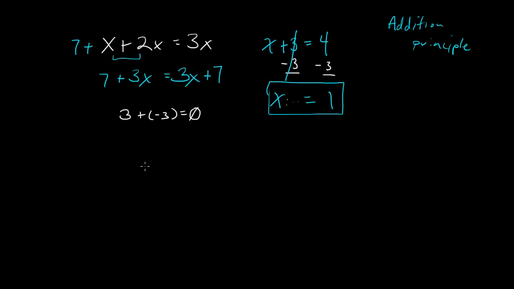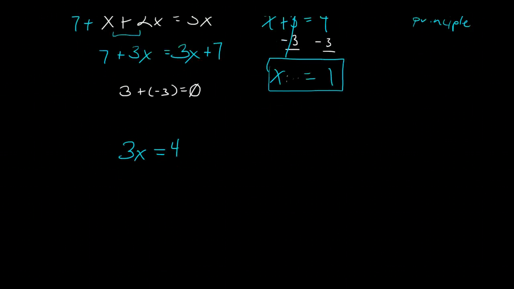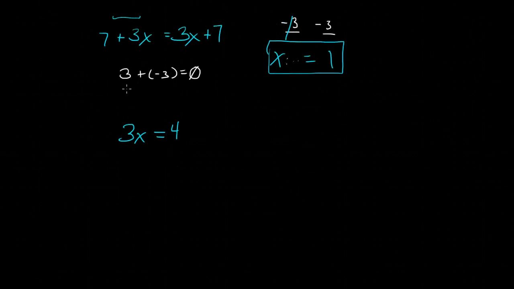Let's see what would happen if instead of having x plus 3, we had 3 times x, and we set that equal to 4. Well, here's our equality. And remember that our goal in solving is to get x all by itself, to have one and only one x on one side of the equation, and on the other side having either a number, an integer, a fraction, or some other expression.